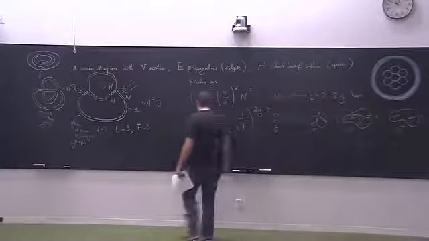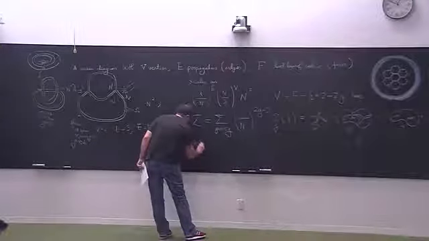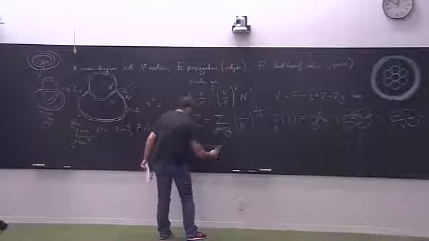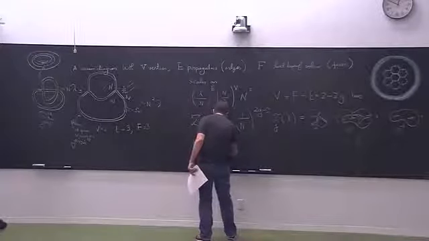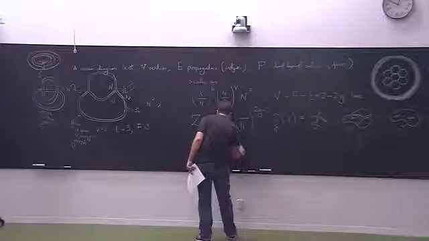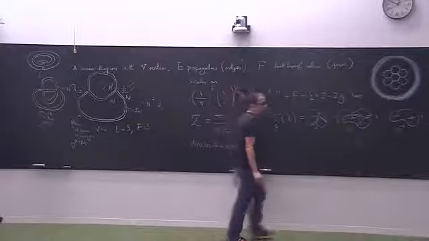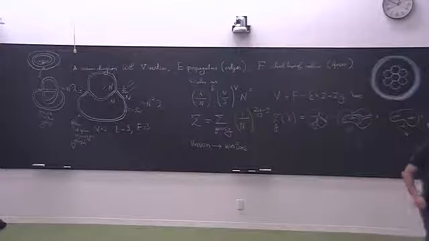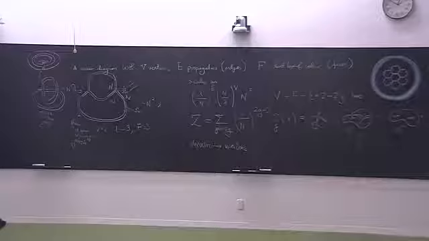So this was for vacuum diagrams. But now, let's try to make the analogy even stronger and go to insertions. Suppose I consider some operator, trace of phi to the j.